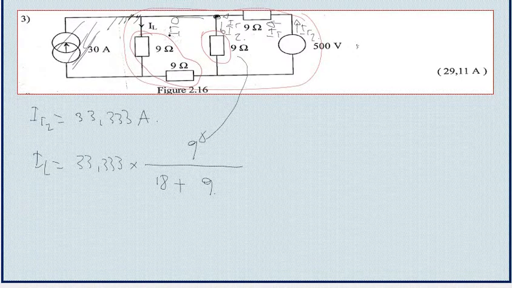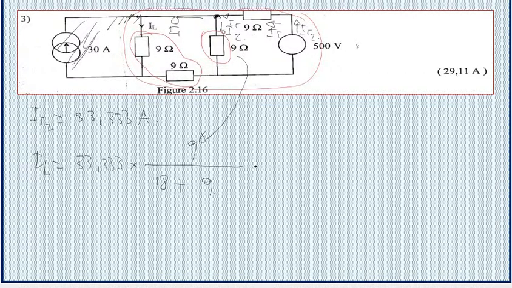If we had to calculate the current flowing through this resistor, then you are going to use this block on top. In other words, instead of 9 here, we're going to have 18, because the equivalent resistance of this block is 18. But in that case, we need to determine the current here in this block.